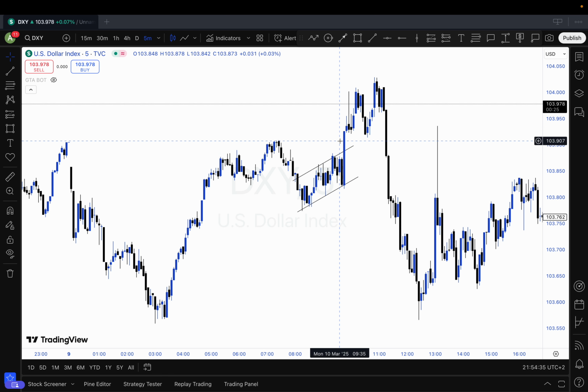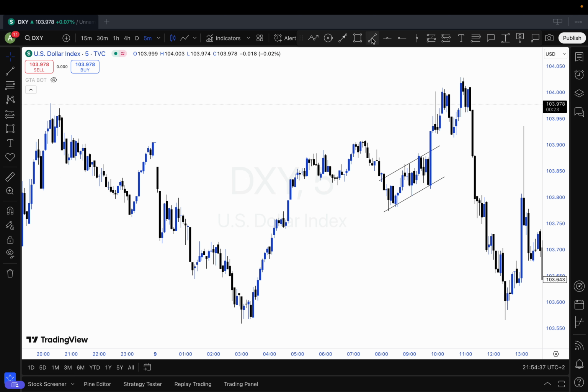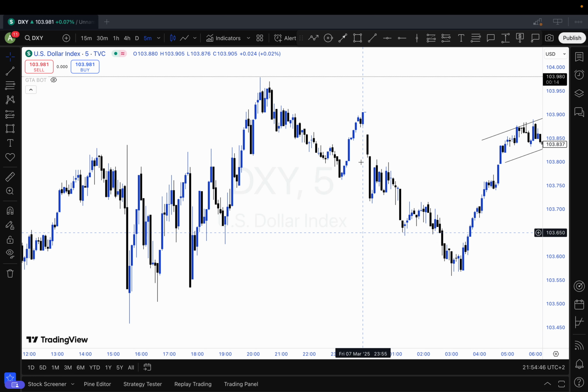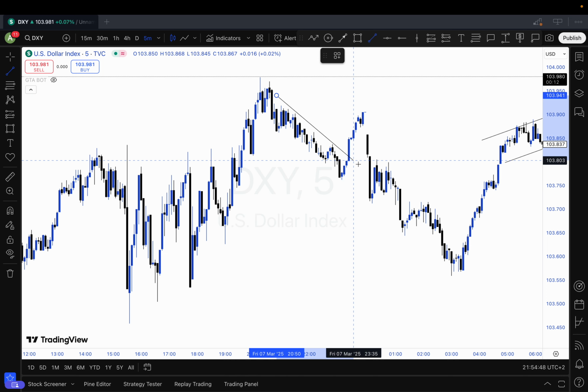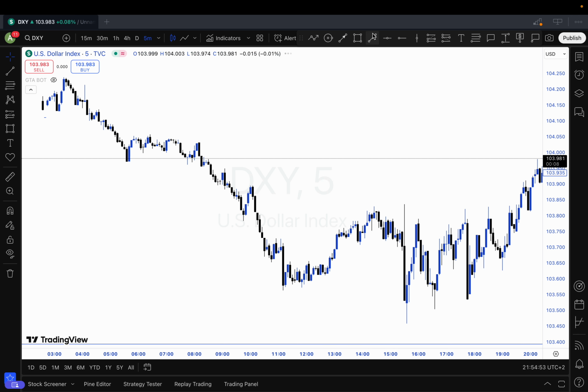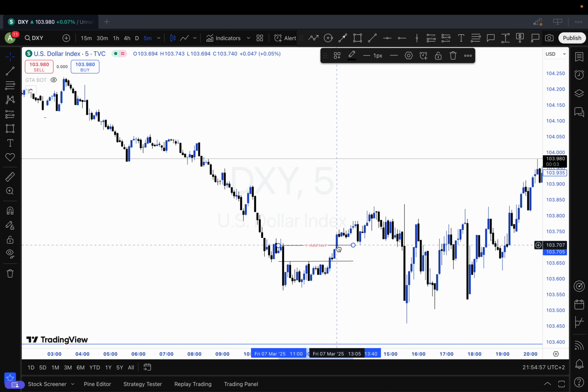This is an example, and then we see there's a breakout. It's also over here, there's a break to the downside. It's also over here, a break above the resistance. Another one is over here that we can see on this sideway.